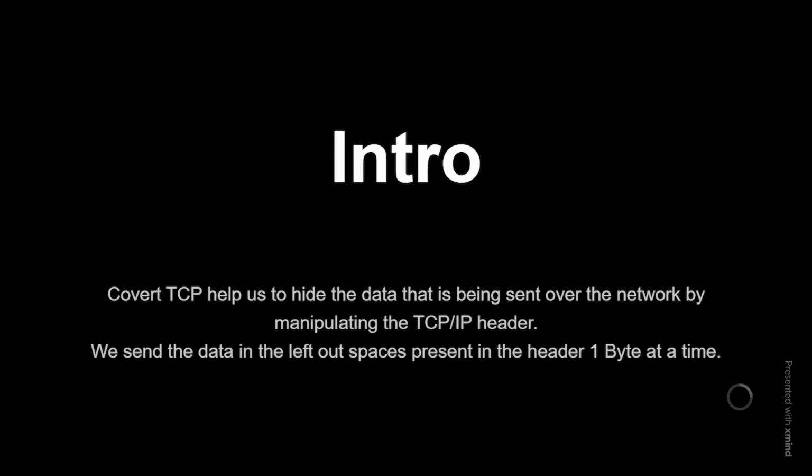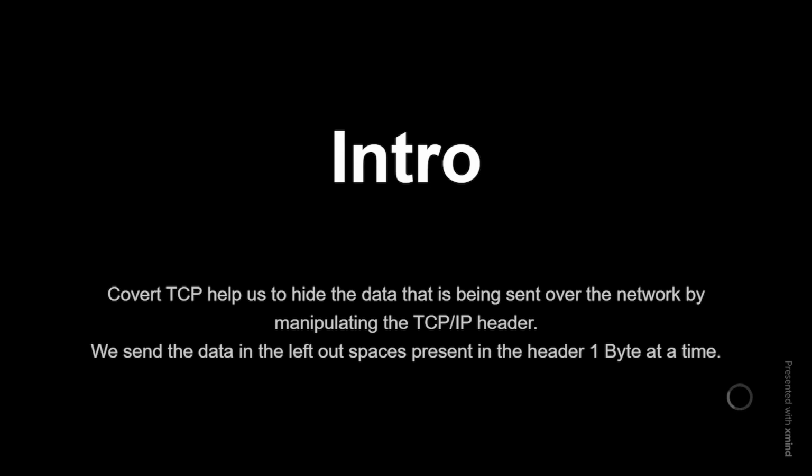Covert TCP actually helps us to hide the data while we transfer our data from one destination to another. How it is basically performed is by manipulating the TCP/IP headers and the reserved space that is present in the headers. There we append our data.